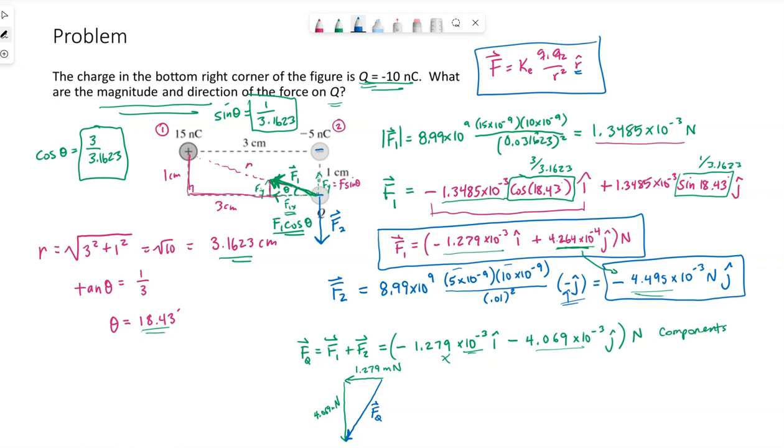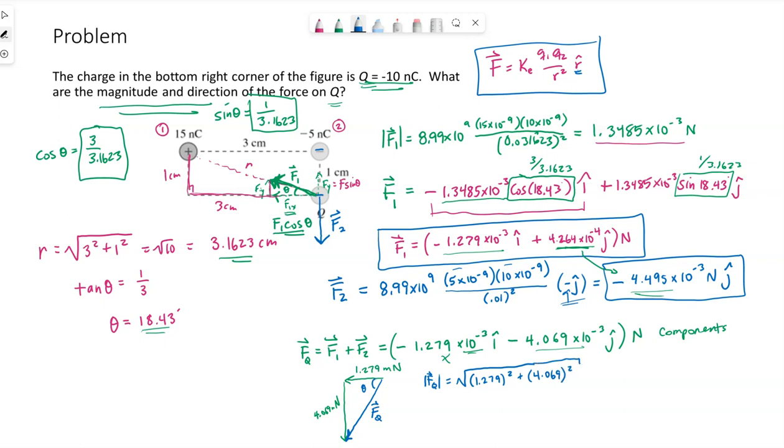So magnitude means the length of this vector, force of Q, on Q, and an angle. So magnitude, we can use Pythagorean theorem. The 1.279 squared plus the 4.069 squared.